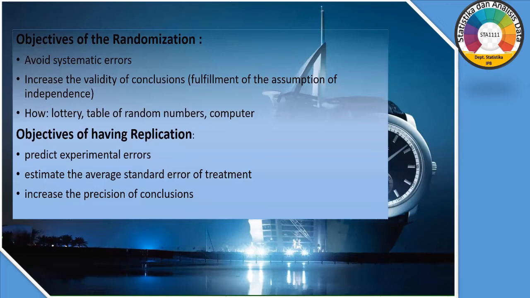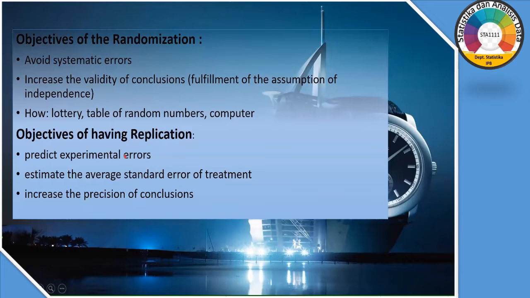Meanwhile, regarding the second basic principle of experimental design, which is replication. The objective of having replication of an experiment is first, as you will see later in the calculation, it can be used to predict experimental error. Experimental error will be present in any kind of experiment, and we need the experimental error.